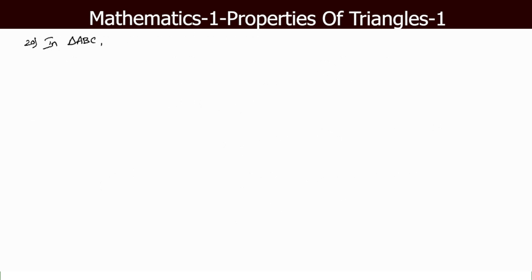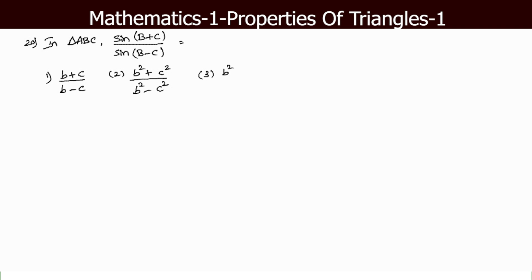Next, the 20th. In triangle ABC, sin(B plus C) by sin(B minus C) is equal to: 1, small b plus c by small b minus c; 2, b square plus c square by b square minus c square; 3, b square minus c square by a square; and 4, a square by b square minus c square.